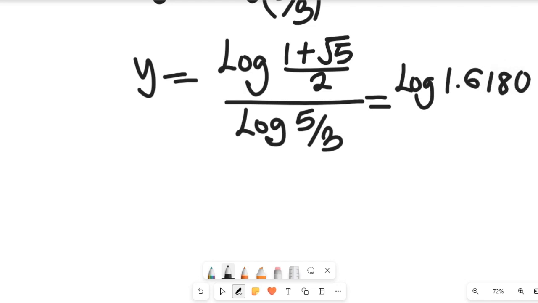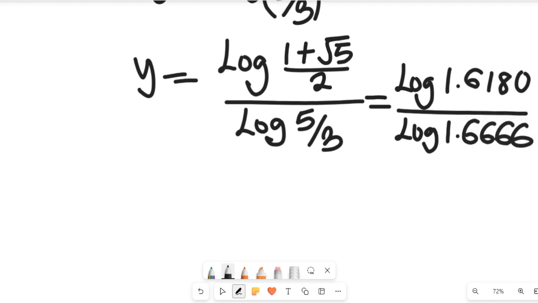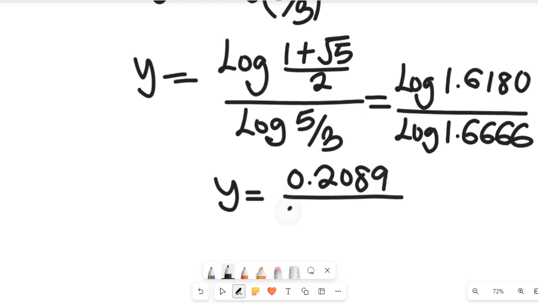So this will be equal to the log of 1.6180 if I punch my calculator, and this will be equal to the log of 5 divided by 3, which gives me 1.6666. So the value of y will be equal to 0.2089 divided by 0.2218.